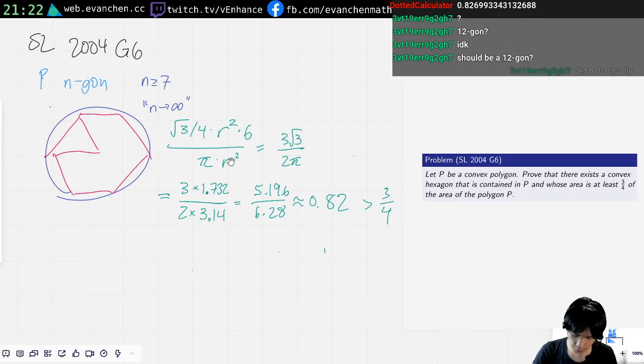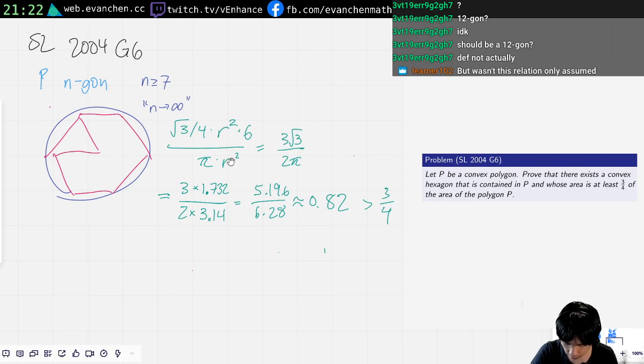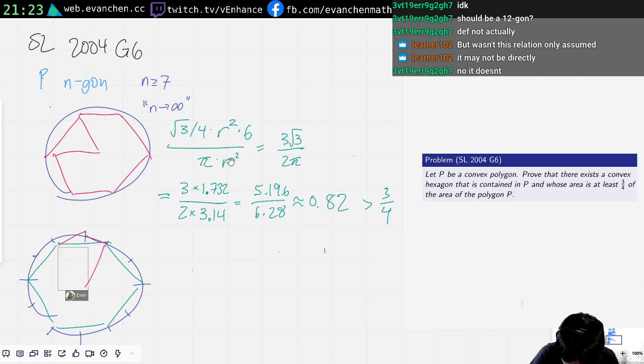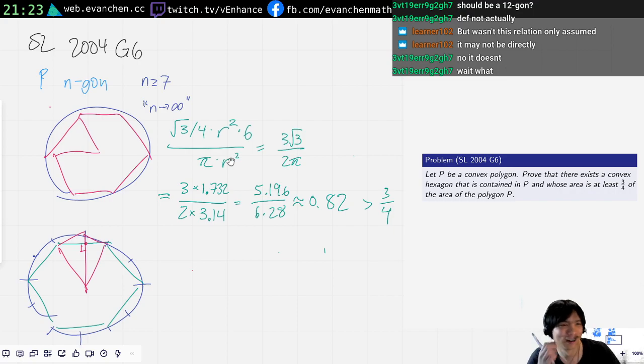Do I get equality for a 12-gon? If I have a 12-gon, oh, I see, because I can refine it. Okay, so if I just take a 12-gon, I took a circle, which is kind of dumb because you can cut down the area of the ambient space. Does the 12-gon actually give you exactly 3/4? Because if so, I'm really scared of this problem now. And the shape you end up with, oh geez, that 3/4 is going to be sharp. Oh no.